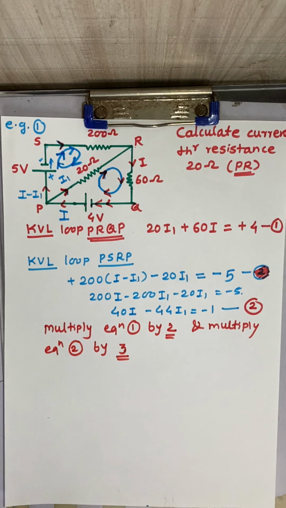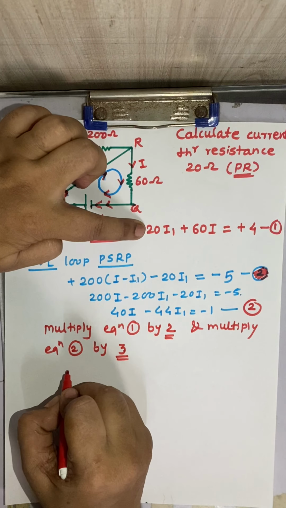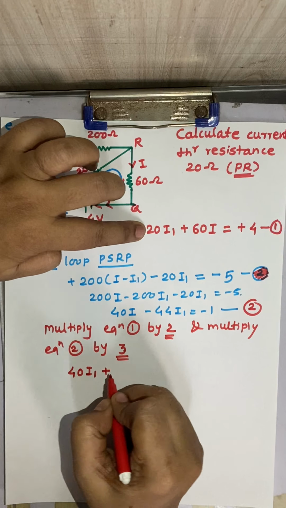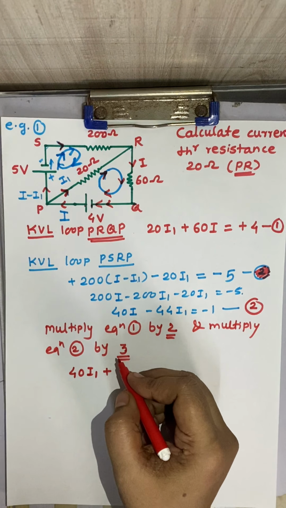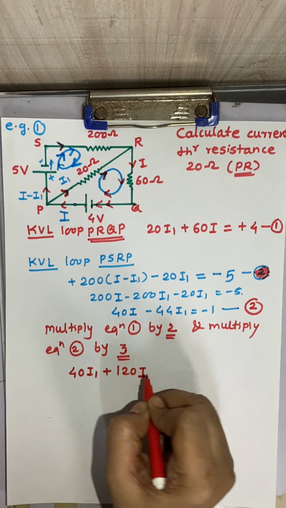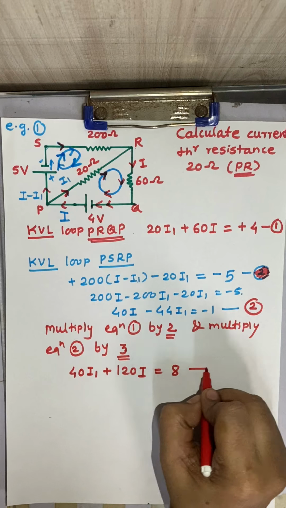We are going to solve the equation. So if we multiply this equation by 2, we get it as 40 I1 plus 120 I is equal to 8. So I got this another equation.